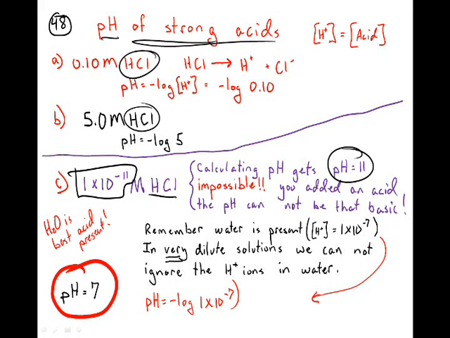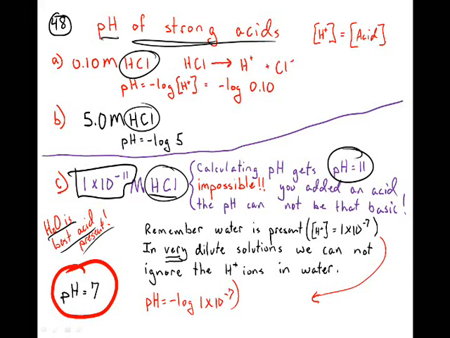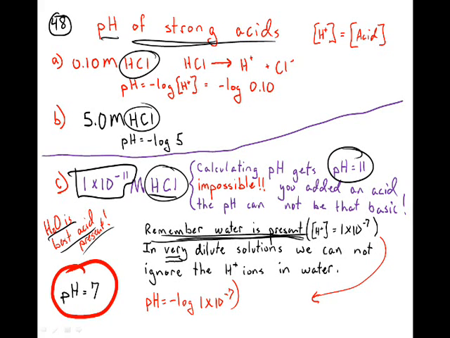What you have to realize is there's something present in addition to the HCl. There's water present. Water is the best acid present. So remember, water is present in all acid solutions that we're dealing with. The hydrogen ion concentration in water is 1 times 10 to the negative 7.